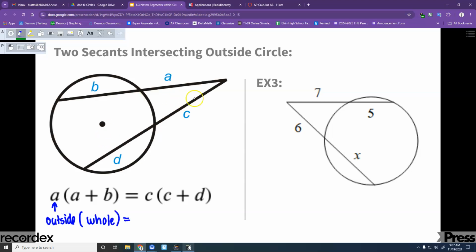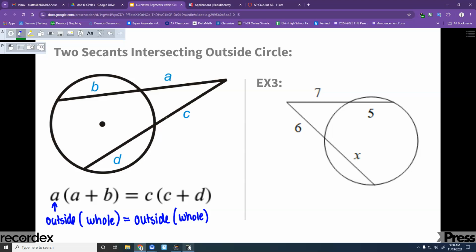And then over here, C is the outside part, and C plus D is the whole line. So we're doing outside times whole for this.